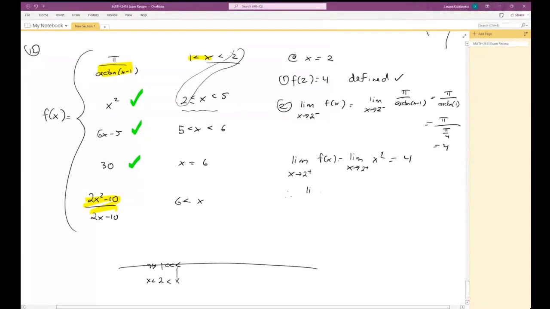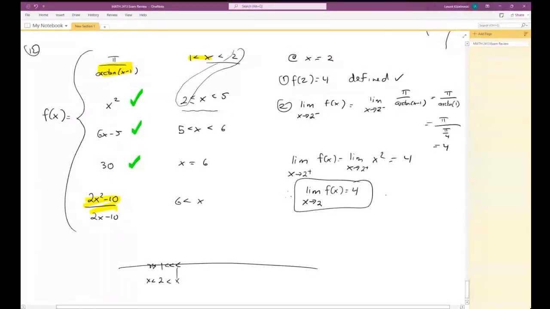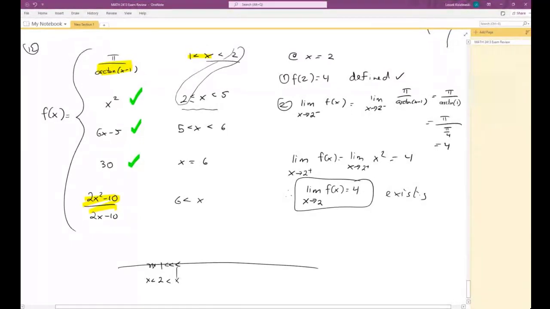Therefore, for the limit in general, we no longer have to specify whether x is approaching from the left or the right. This doesn't matter. The behavior of the function is the same on either side, so the limit exists. It's equal to 4. Finally, you check that how the function behaves around 2 matches what the function actually attains at 2.